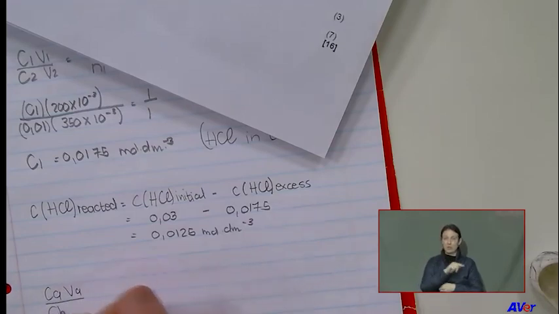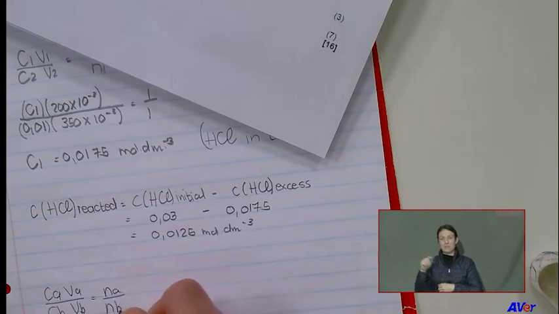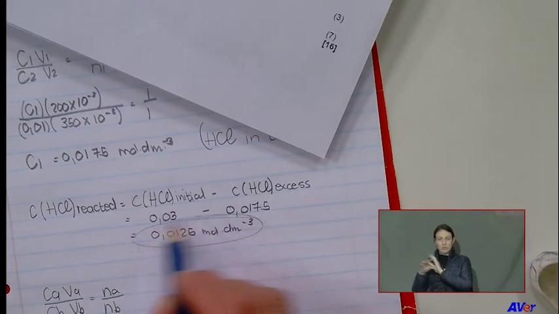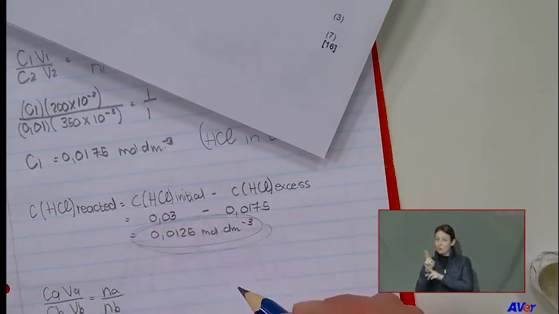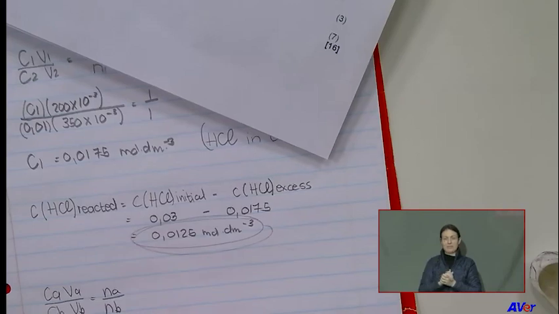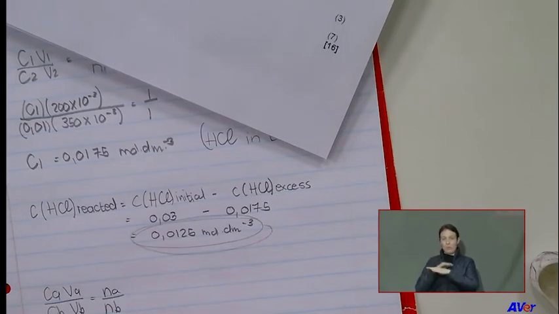over CB VB is equal to NA over NB, and I'm going to substitute that. So this is what actually reacted with the hydrochloric acid. So the concentration, 0.0125. The volume initially was 200 divided by the concentration of the base, which I would like to calculate, the volume, which was 150.